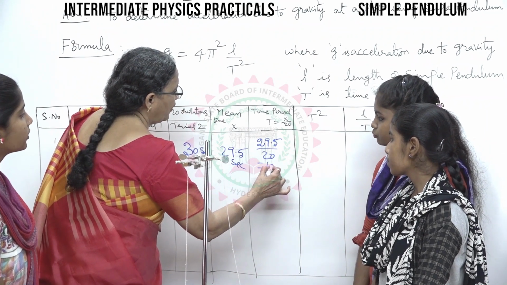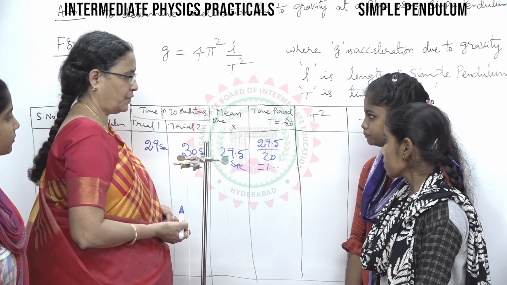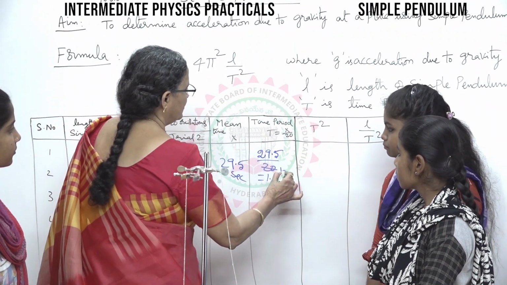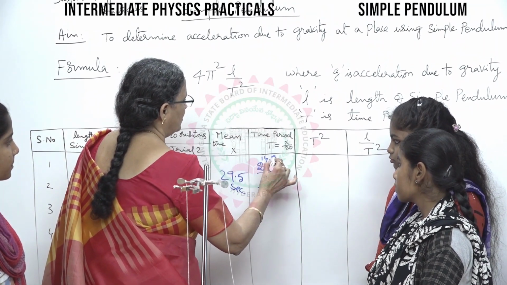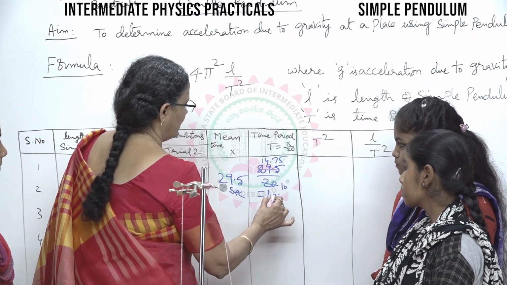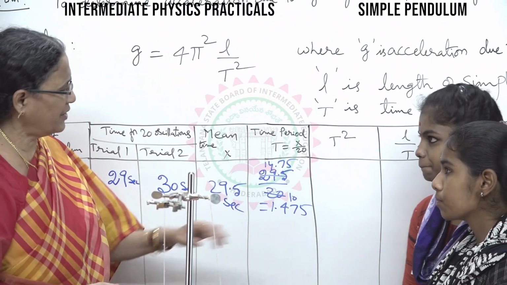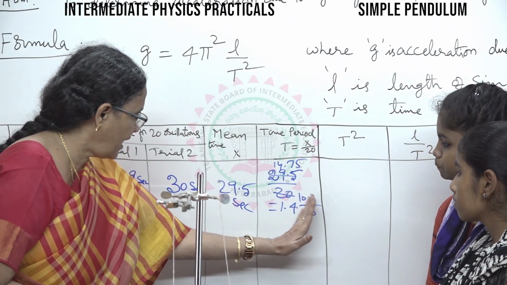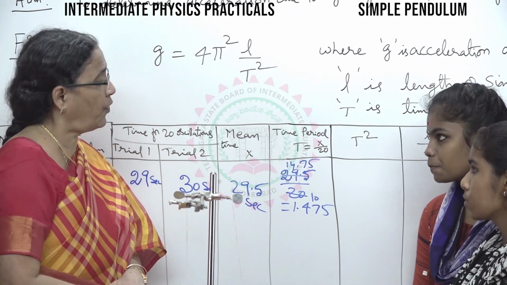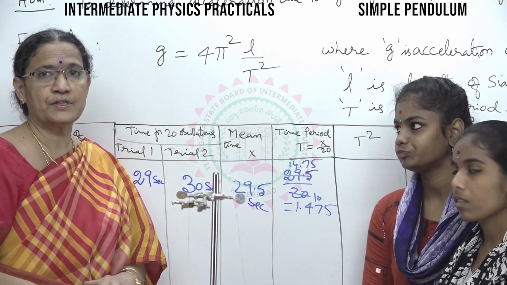I'll get 1.4 something, which is 1.475. You can neglect the last two digits. You can just take 1.45 also, or 1.47.